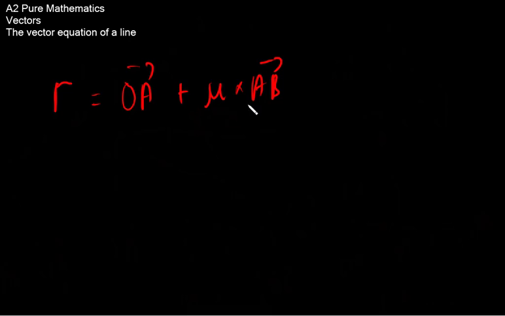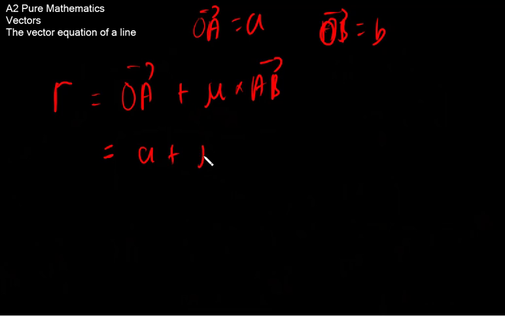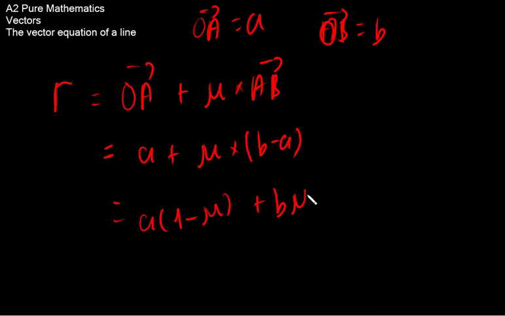Another thing is that let's say OA is equal to A and OB is equal to B. So OA is A, plus a constant times AB, which is OB minus OA, so here it is B minus A. If we rearrange the equation, we have A times 1 minus the constant, plus B times that constant.